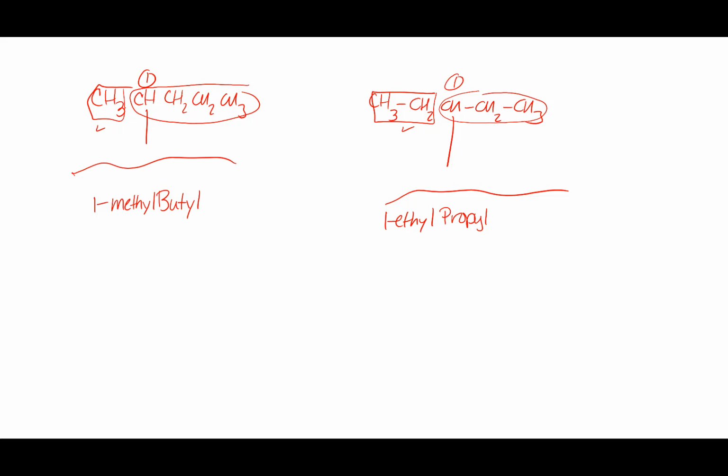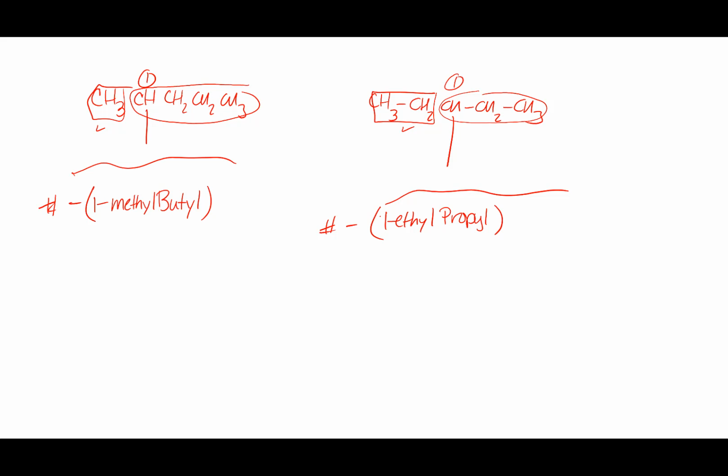And we'll do one more, a little more complicated. Now, remember that these are substituents that are attached to a long chain that may have other things attached to it. So the rule is I need to put that group in brackets, because what's going to come in front of that group is a number.